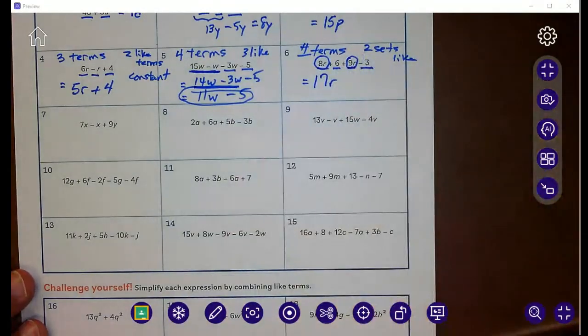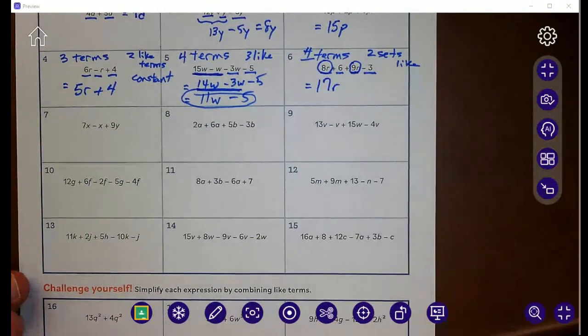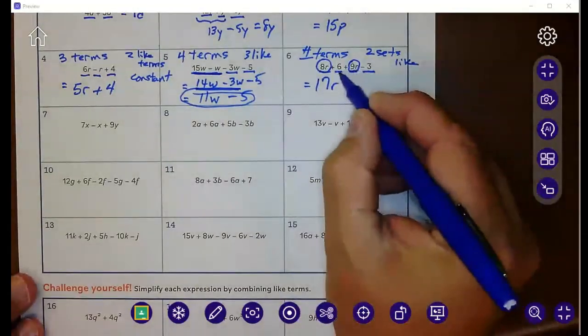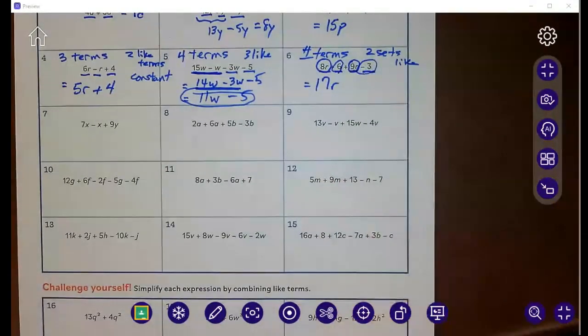So we're combining the coefficients, the numbers in front, and keeping the R. It's sort of like having 8 raisins and 9 raisins. You have 17 raisins. And now we need to combine this 6 and the -3.